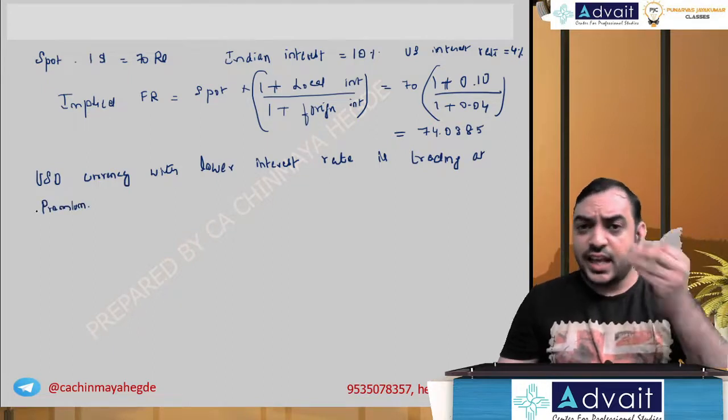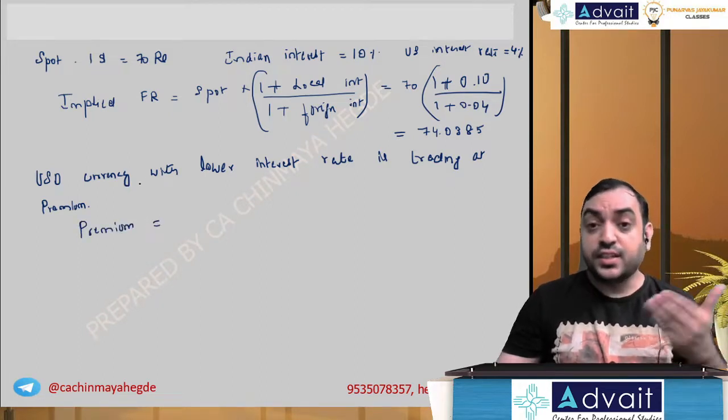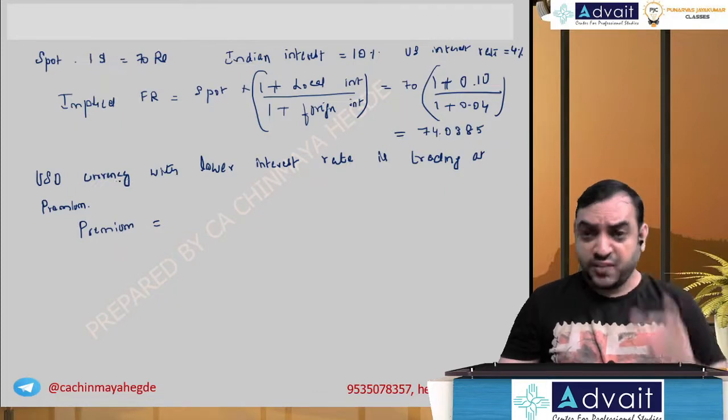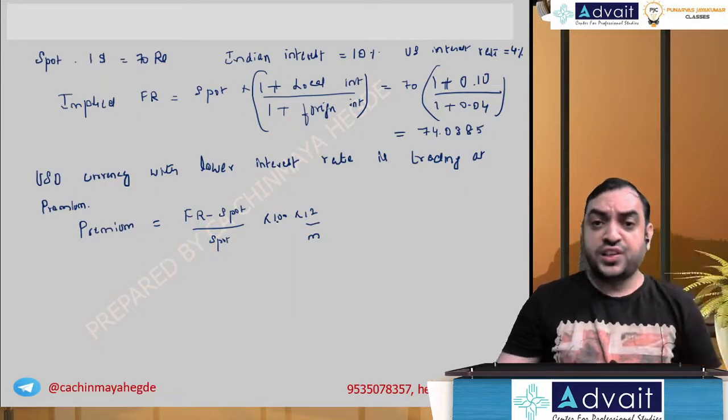And also, shall we calculate the premium? Premium percentage. You know how to calculate the premium percentage? We discussed earlier: forward rate minus spot rate, divided by spot rate, into 100, into 12 by number of months to express in annual terms. The forward rate is what we calculated.